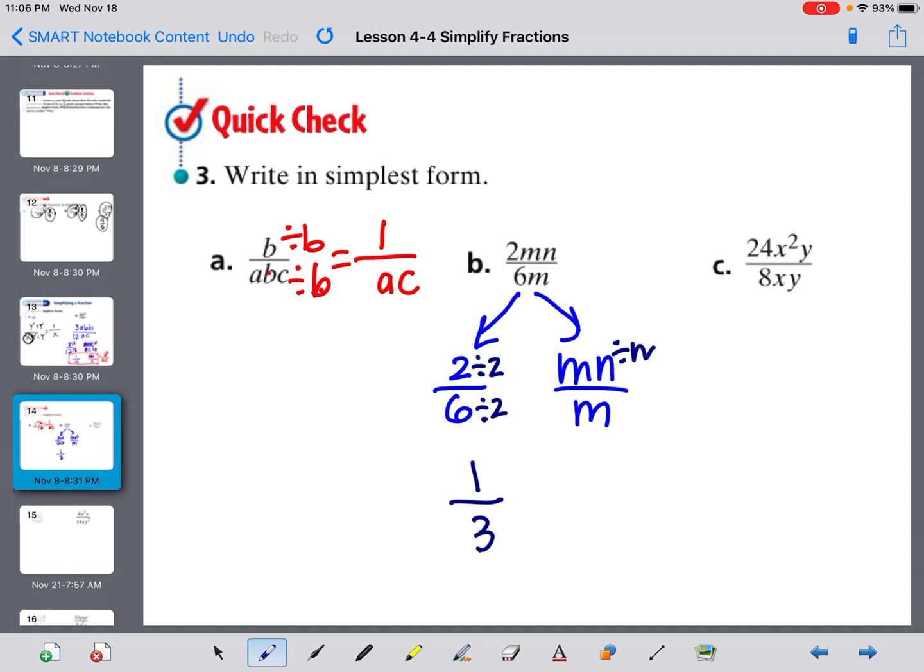What do mn and m have in common? m. What's m divided by m? 1n. What's m divided by m? 1. You don't need the 1 in front of the n.